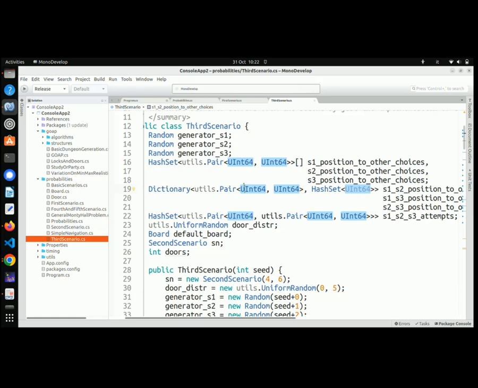If I have 1, 2, 1, 1, 2, 3, 1, 2, 4, 1, 2, 5, 1, 2, 6, then I know what the size of the other hash set is, which is 6, and then I know that I could rule out 1, 2 as a set of doors that I want to generate.